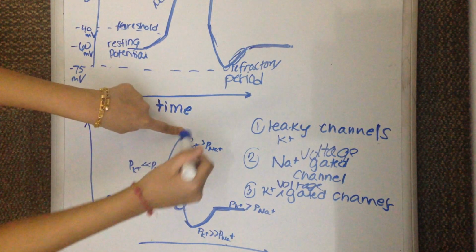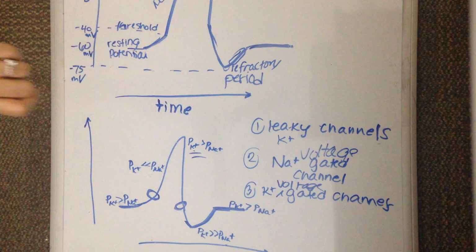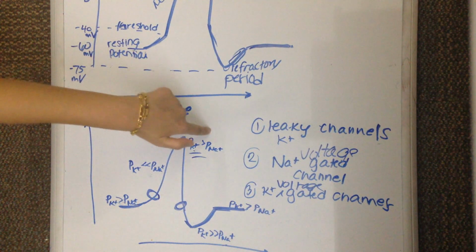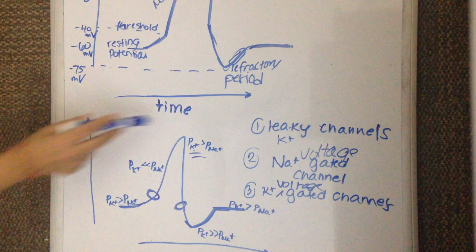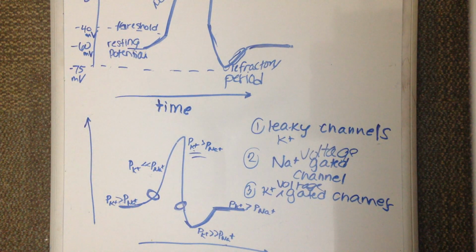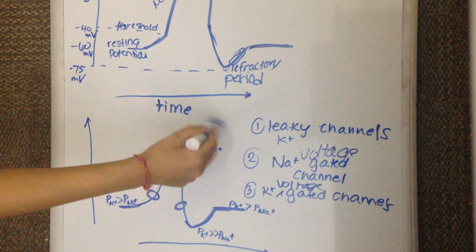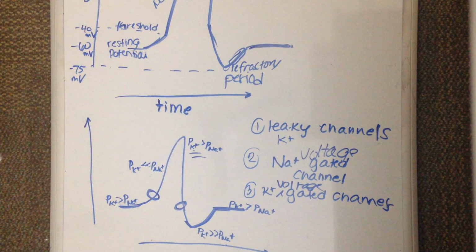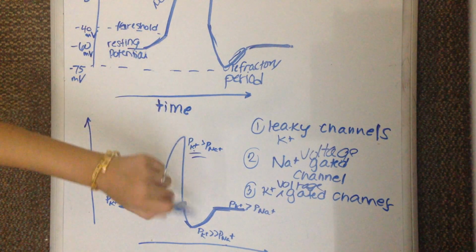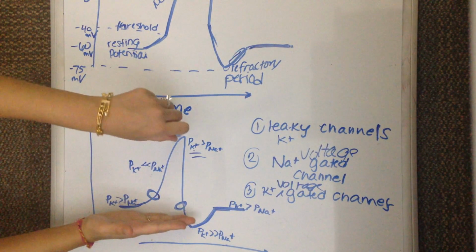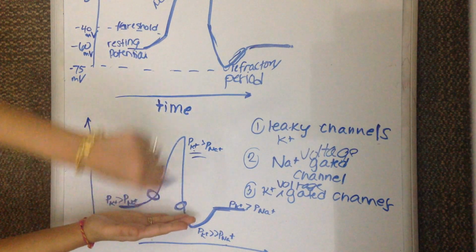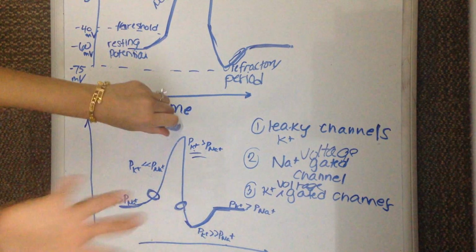Then the permeability of sodium goes down, and the permeability of potassium is greater now. Actually, the sodium gated channels are inactivated. They use this analogy of a ball and plug to inactivate the channel, because the channel is technically open, since the voltage is still above the threshold of opening, but it's inactive because there's something blocking it.